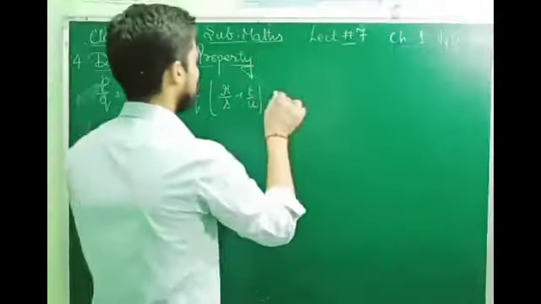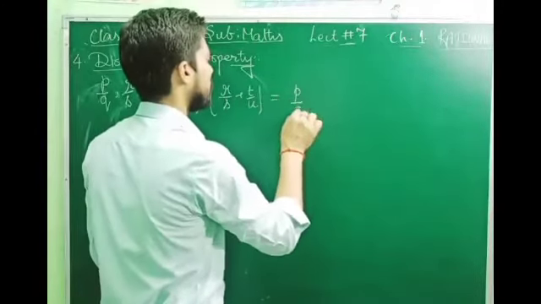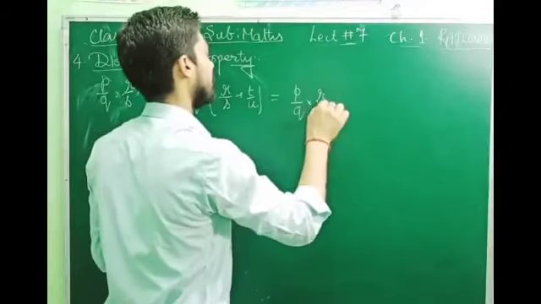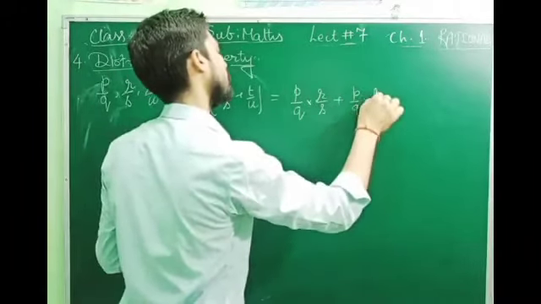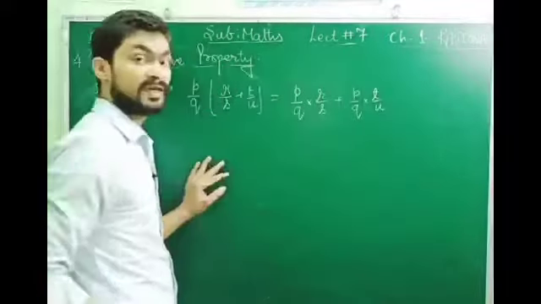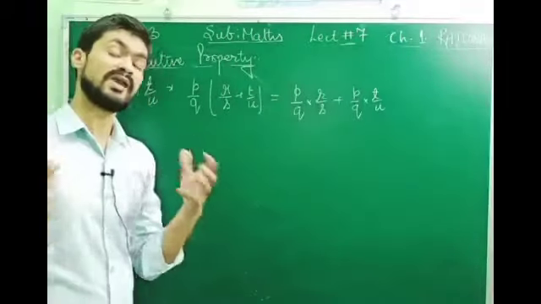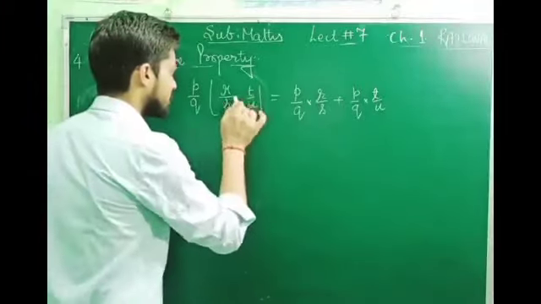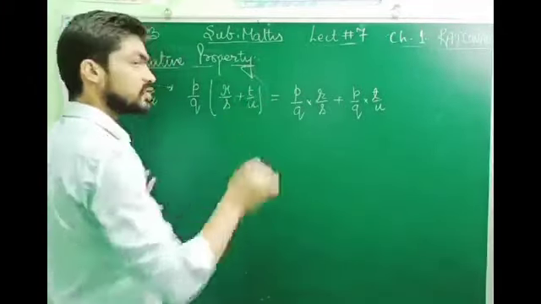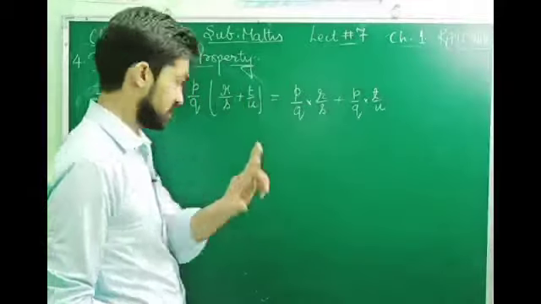So how will I do it? You can see here. P by Q will be multiplied with R by S, plus P by Q multiplied with T by U. You will ask, sir, where is the distribution? My dear children, this is the symbol to add the two rational numbers.